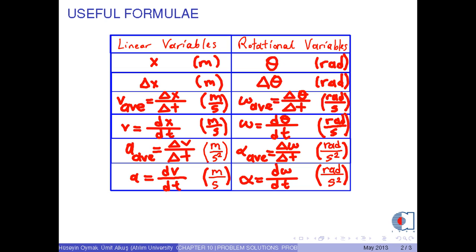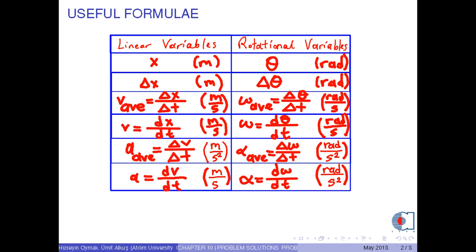As you remember from the discussions in motion along a straight line, linear variables can be listed as position, displacement, average velocity, instantaneous velocity, average acceleration, and instantaneous acceleration. And their units are shown in SI units in this picture.